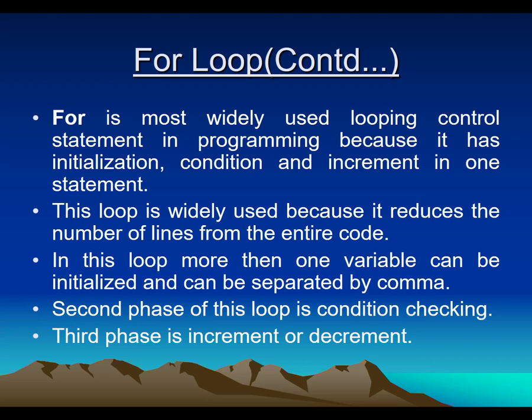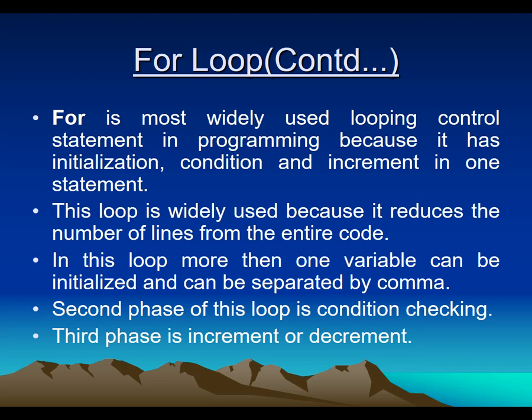This is obvious in while and do while. Initialization occupies a single line, for example. Condition checking occupies another line. Increment and decrement also occupy a third line, and the remaining lines are for the logical block of code. So it increases the total number of coding lines in while and do while, which makes our code complicated.